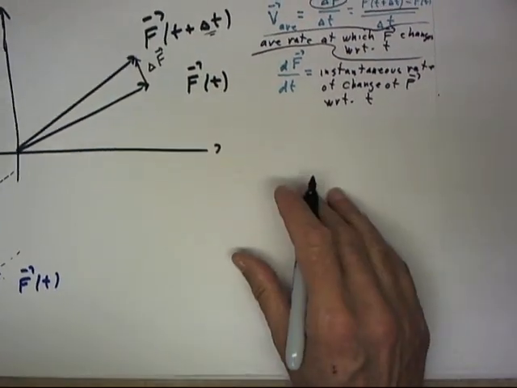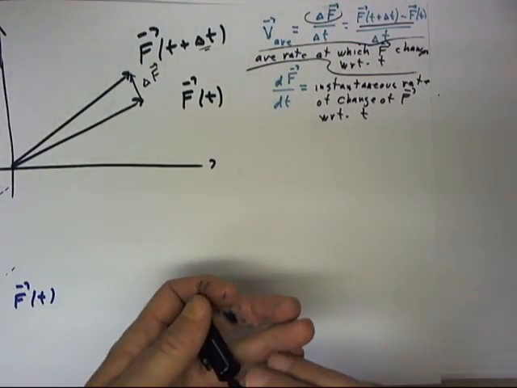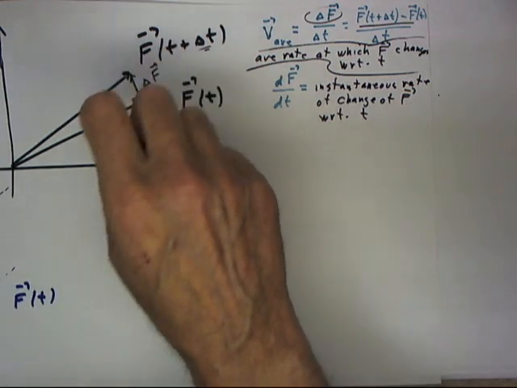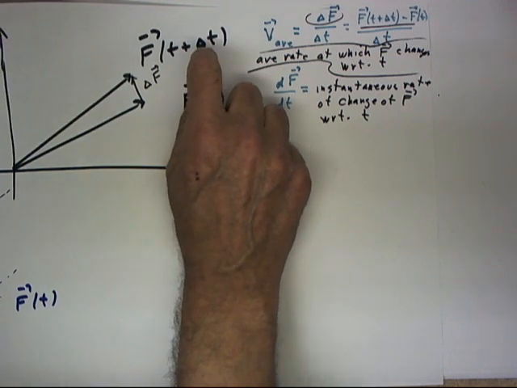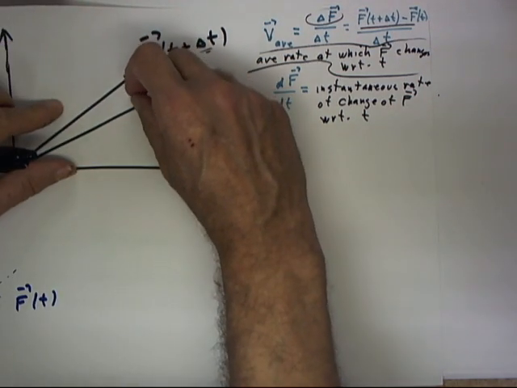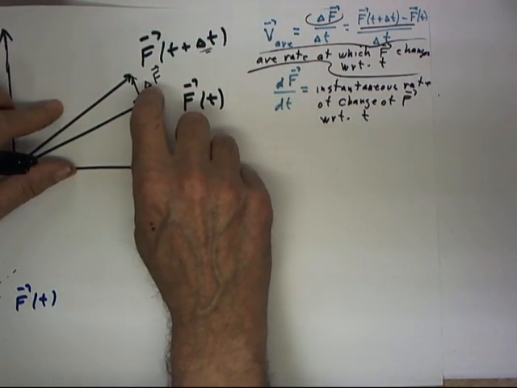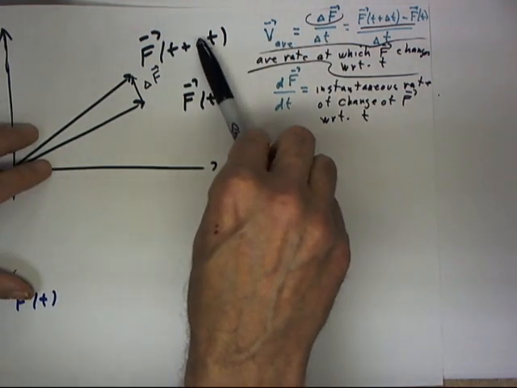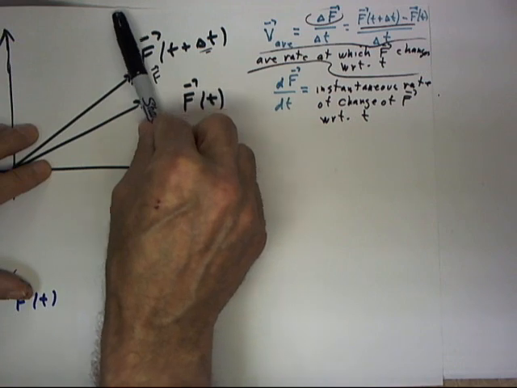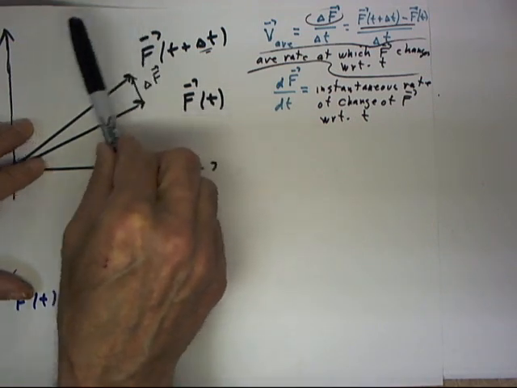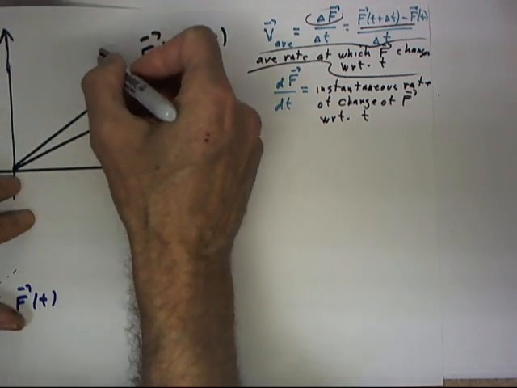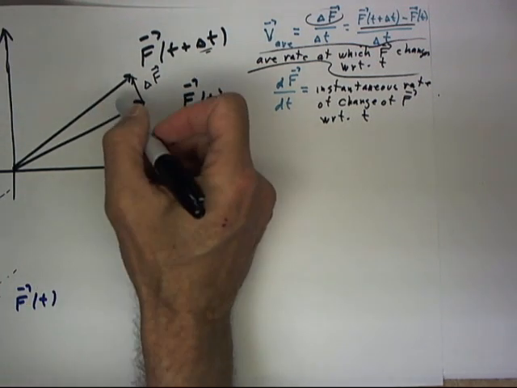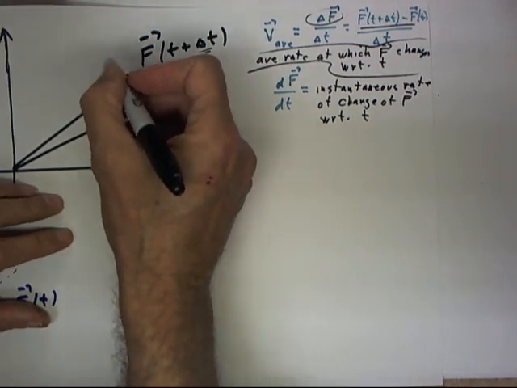And what we mean by instantaneous, and you should know this, of course, from first year calculus, is as we shrink the value of delta t, we get a smaller and smaller delta f, but we also are dividing by smaller and smaller delta t. Now, when we shrink the delta t, the direction of this thing might change a little bit. We don't know what kind of curve this thing is following, but the direction of this will always be a secant across the curve.